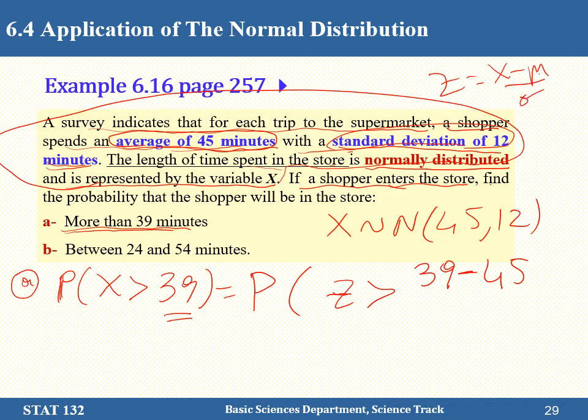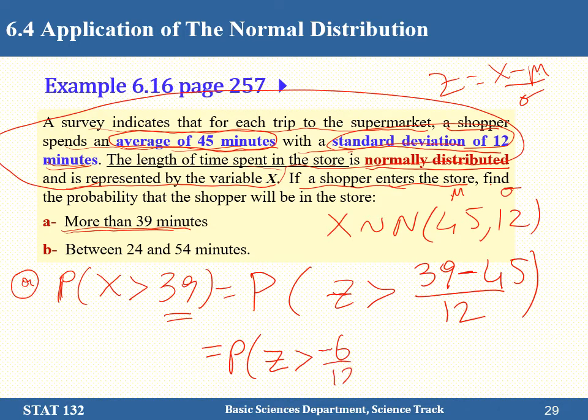So we subtract mu, which is 45, and divide by sigma, which is 12. So 39 minus 45 is negative 6, over 12, so the probability that Z is bigger than negative 0.5.